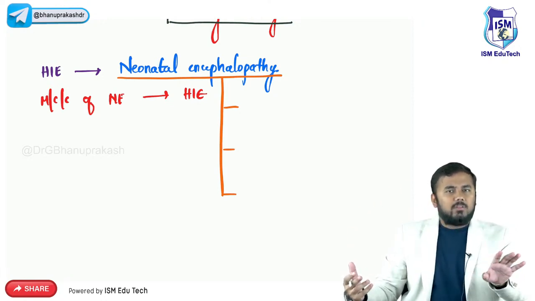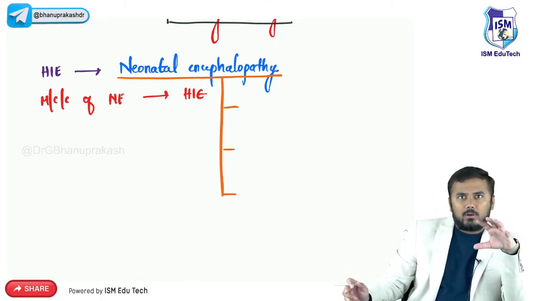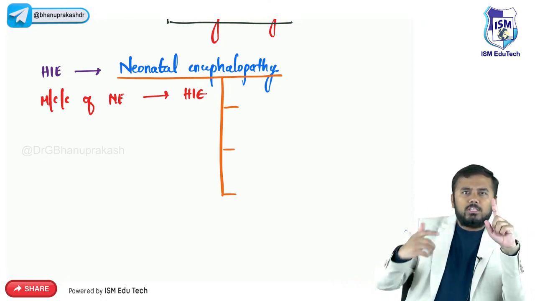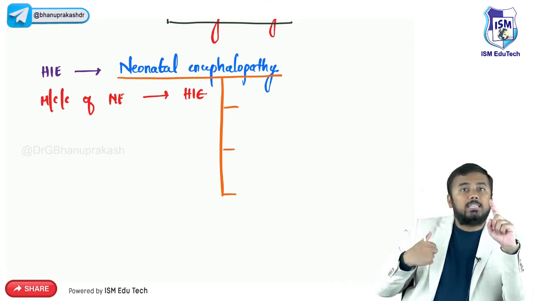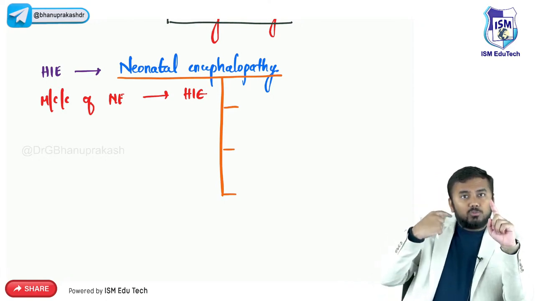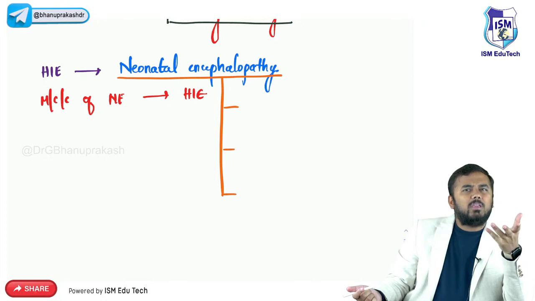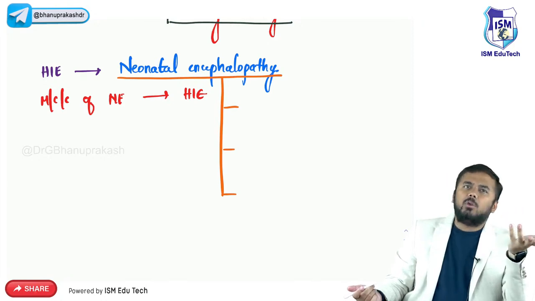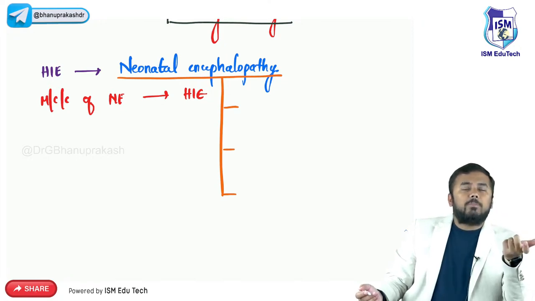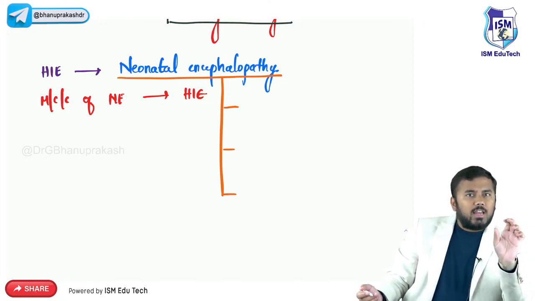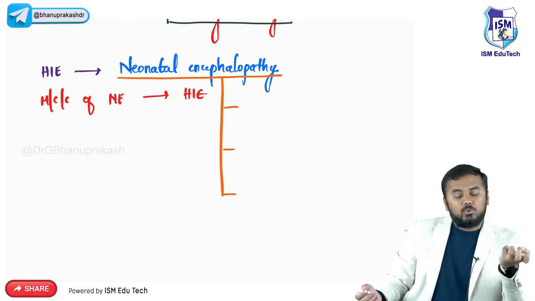So whenever there is a damage to a certain part of the brain, do you think the neurons which are running down, these are called descending tracts, these motor neurons which are running down, will be all right, or will they also be damaged? Obviously they will also be damaged. So when they are also damaged, do you think the neonate will have a normal tone or reduced tone? They will have a reduced tone.